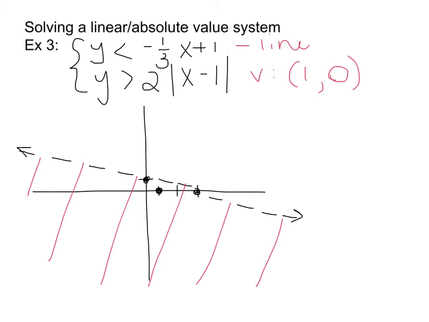Okay, and then 2 is the slope of my V, so I need to go up 2 and to the right 1, up 2, and to the left 1, and if you notice that will also be dashed because it is just strictly greater than.